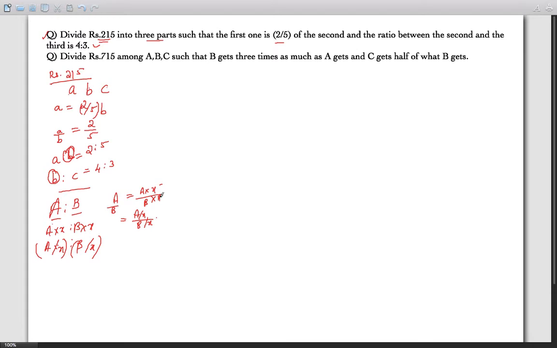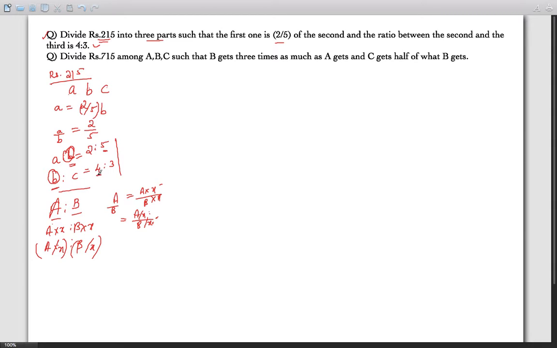So whenever you are multiplying or dividing by some constant quantity for both the numerator and denominator, its value will not change. So this property is applied here, and the B portion here, its value is 5, and for the B portion here, its value is 4.